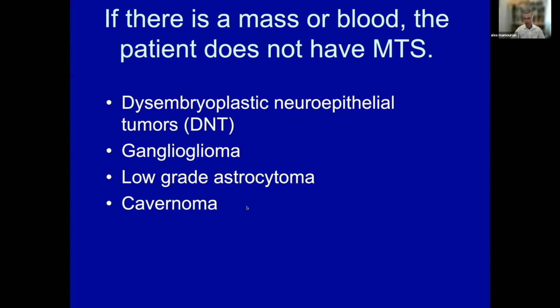And occasionally you're going to see cavernomas, and these will, of course, have blood products. So again, not everyone with temporal lobe origin epilepsy has mesial temporal sclerosis. Be aware of that and be careful not to make the imaging fit a preconceived notion of what you expect to see.